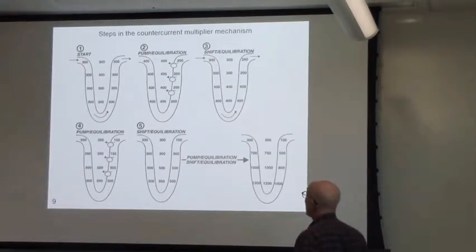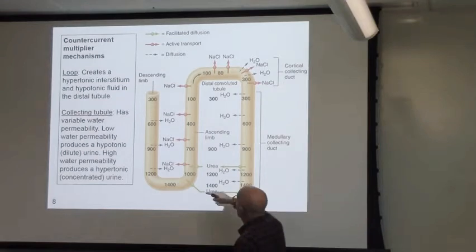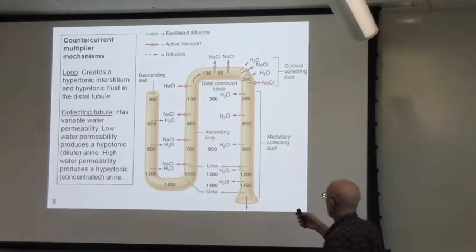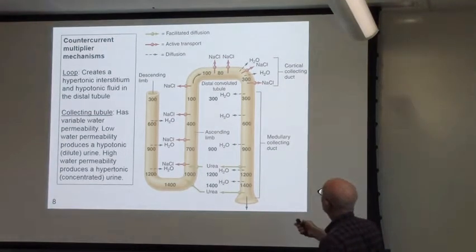And by hypertonic interstitium, I want to just say that the deeper we are, so remember this is the cortex up here, which is generally isotonic, 300 millimole. Here is the loop of Henle going into the medulla.